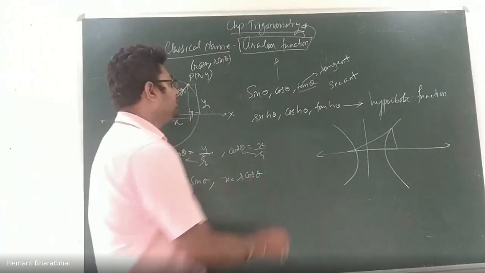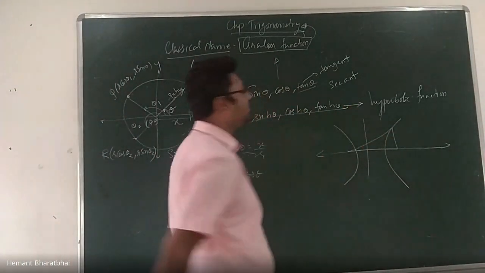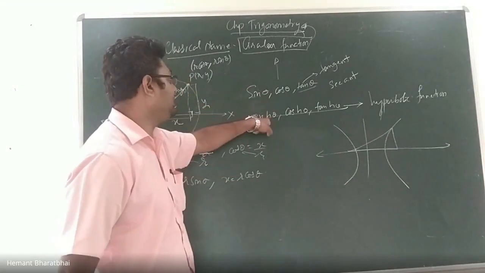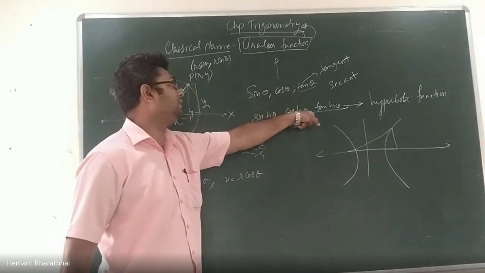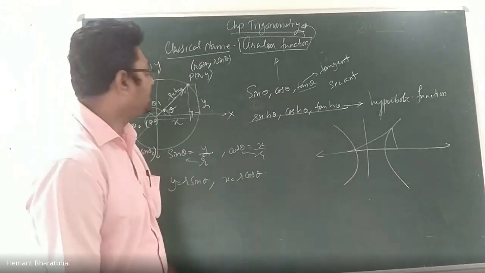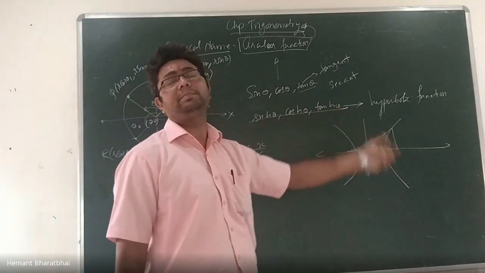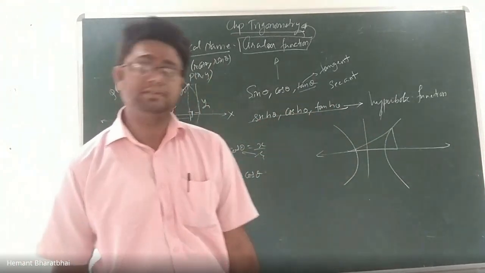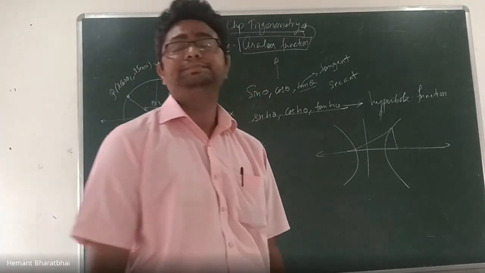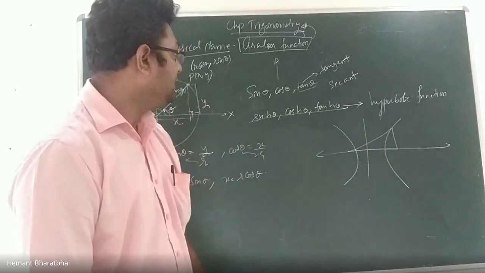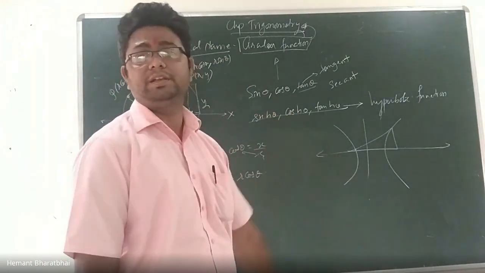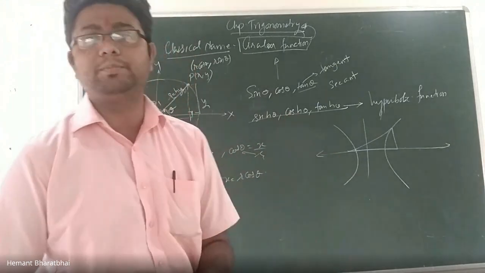Those would then be denoted, instead of theta, as h theta, which will mean sine hyperbolic theta, cos hyperbolic theta, tan hyperbolic theta, and so on. These hyperbolic functions are used in the GPS, the global positioning system.